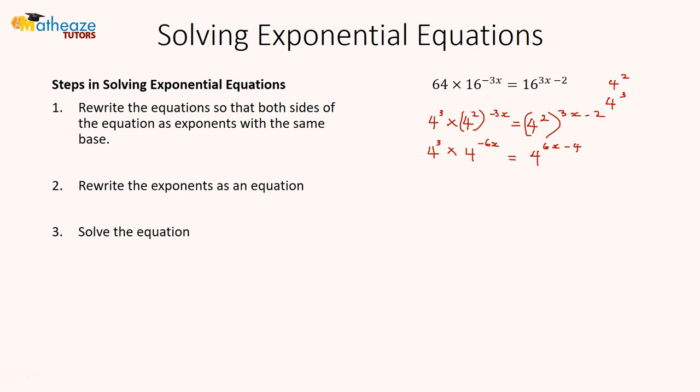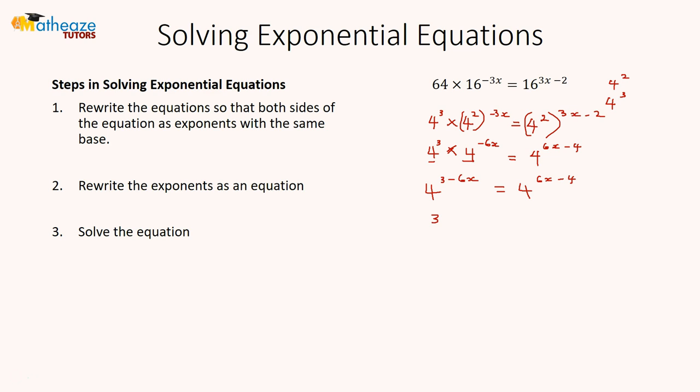We're going to add the exponents on this side because of the multiplication and we have a common base. So we have 4 to the power of 3 minus 6x equal to 4 to the power of 6x minus 4.